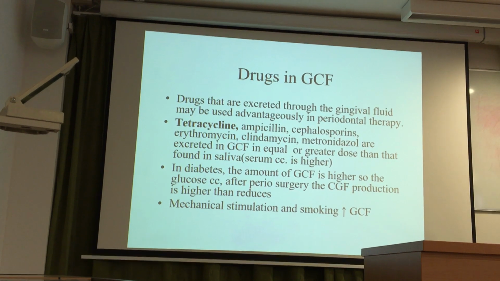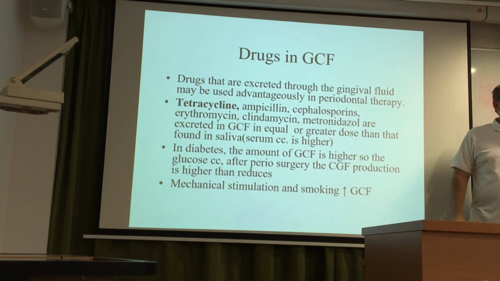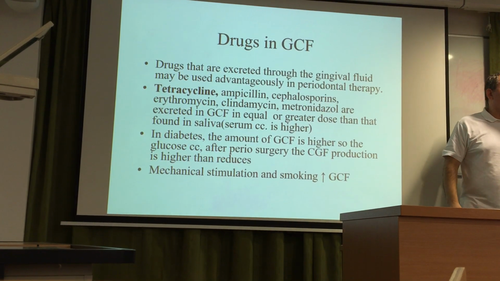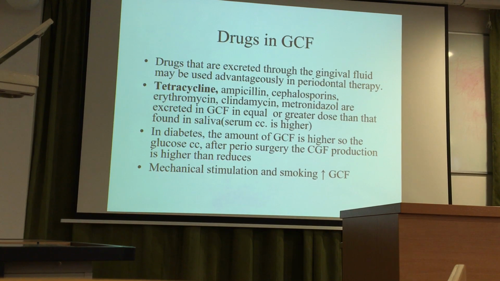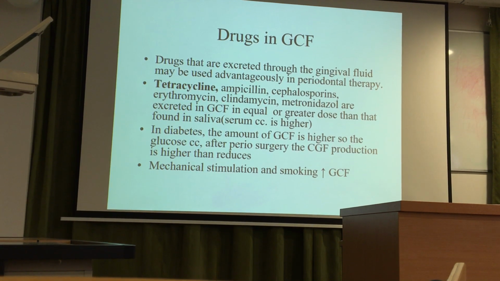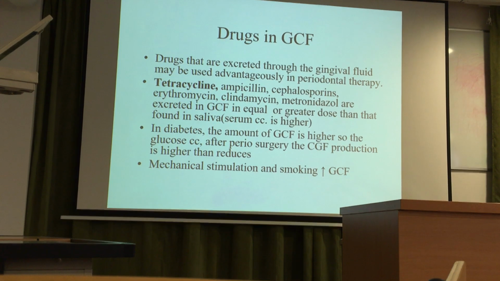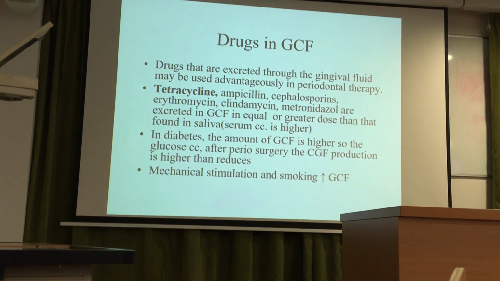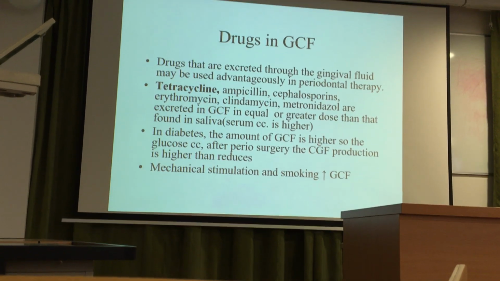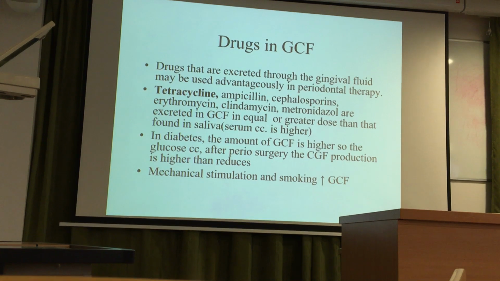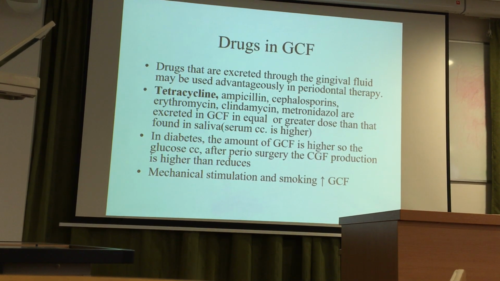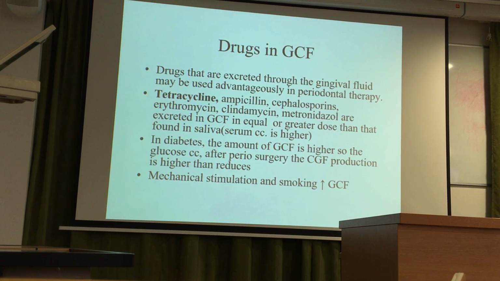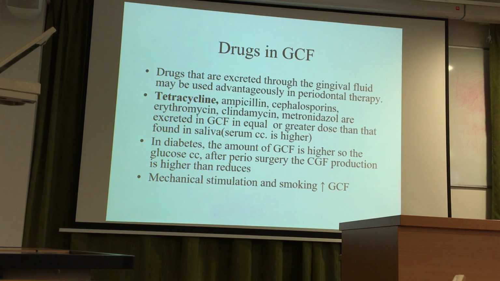And the other clinically important aspect is the excretion of the drugs into the sulcus, because when you would like to treat periodontal conditions with drugs, with antibiotics, for example, you should know whether the drug is excreted into the saliva, for example, or into the sulcus. Because when the drug is not excreted into the sulcus, there is no way for the drug to work at the site of inflammation.